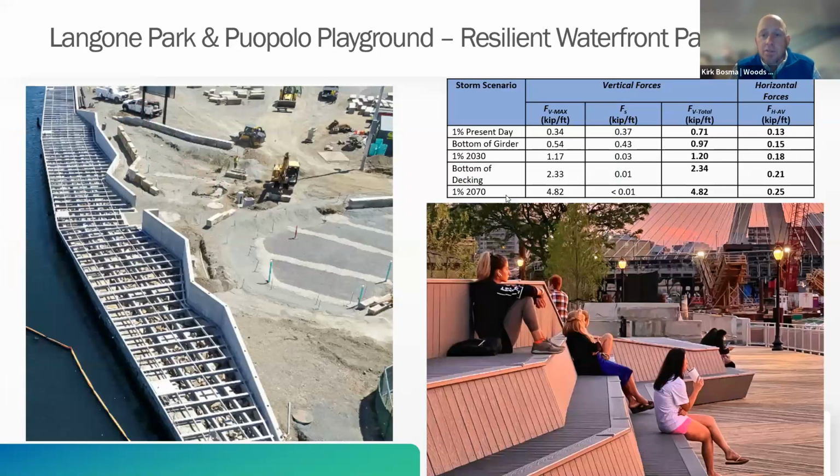We were able to take information not only now, but into the future for various specific storm events. We have that wave information to figure out what the uplift force is on the girders and the decking, to help them figure out that design, not only for present day conditions, but also into the future.